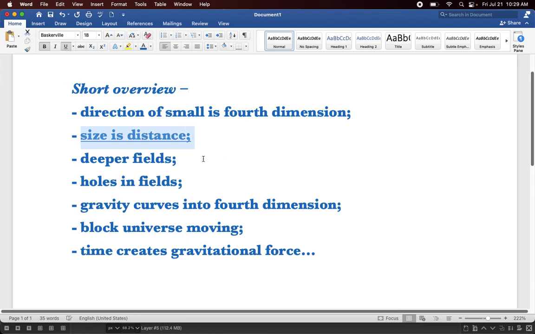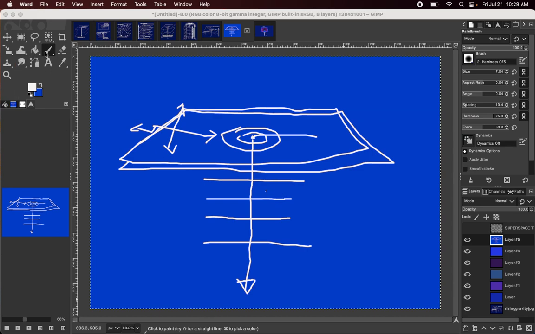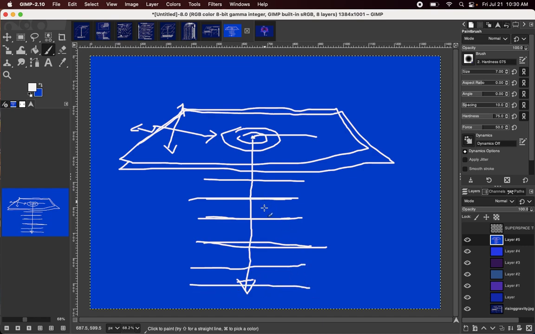There are deeper fields of space that lie alongside our own, and these are the fields which hold the phenomena of what we think of as the very small, but instead of them being smaller, they are actually further away or distant in this fourth fundamental direction or fourth dimension lying alongside our own 3D universe.